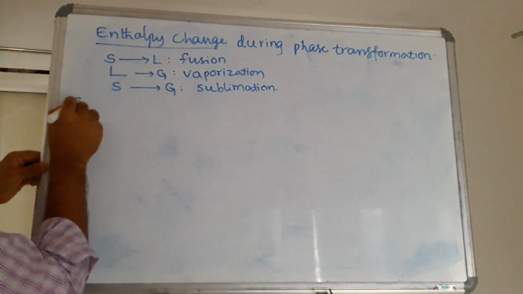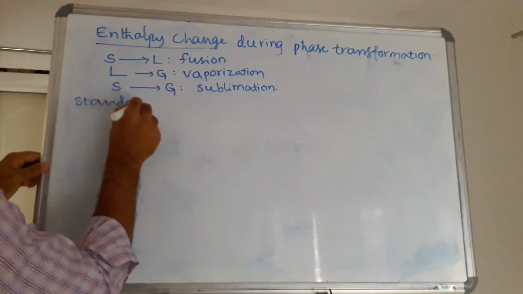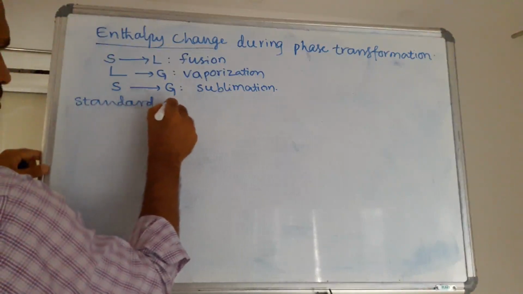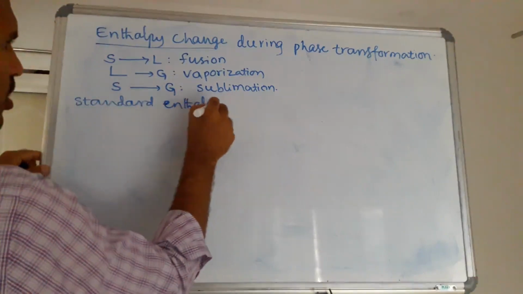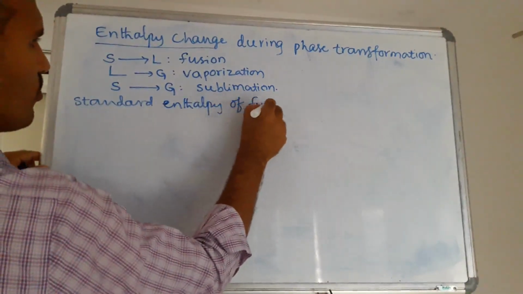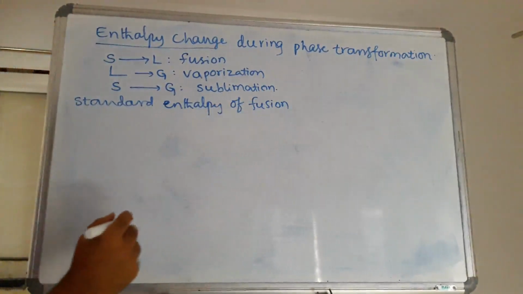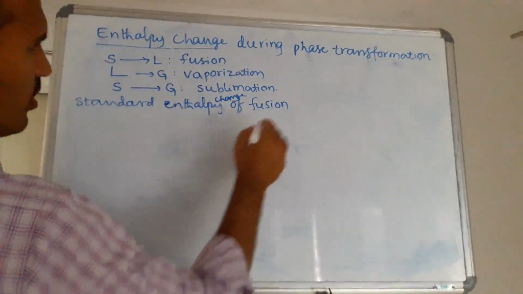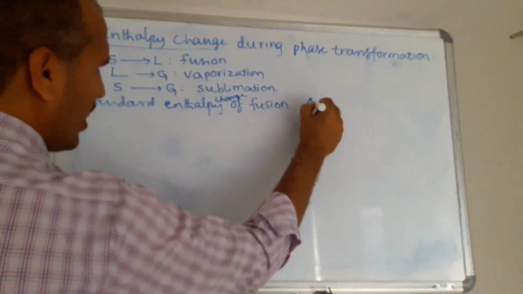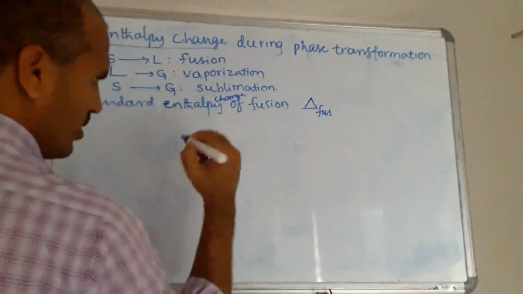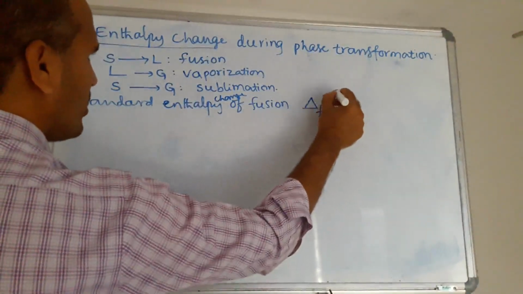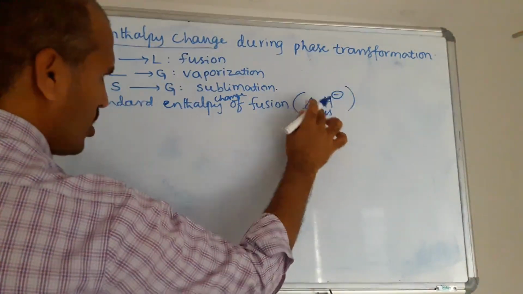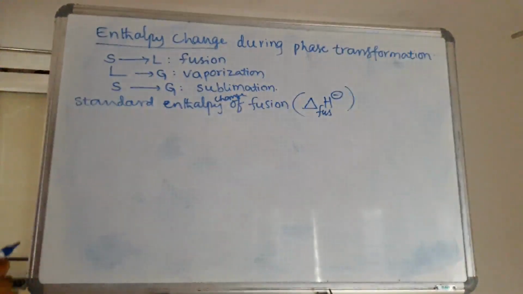This is called standard enthalpy change of fusion. It is represented as delta fus H standard. This is known as standard enthalpy change of fusion.